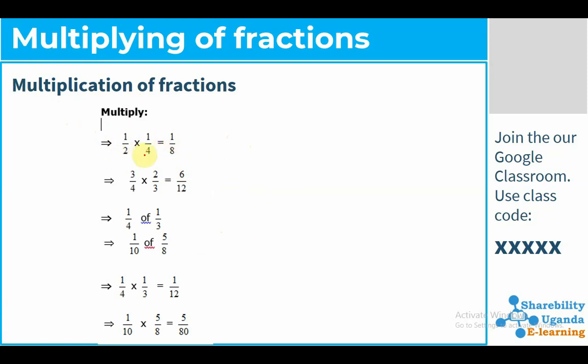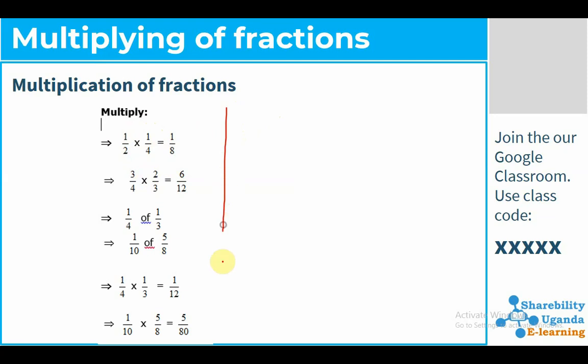First, you look at the denominators. Are they the same or not the same? With multiplication, it doesn't matter whether the denominators are the same or not. It is just total multiplication.